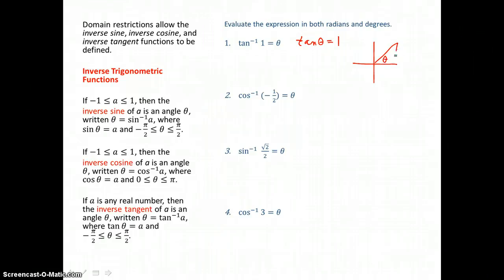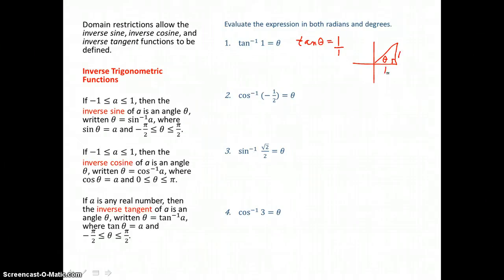So I'll build my right triangle with the x-axis, and I'll use the definition of tangent to label the sides of that triangle. 1 is equal to 1 over 1, and the definition of tangent is opposite over adjacent, so the opposite side of theta is 1 and the adjacent side is 1.